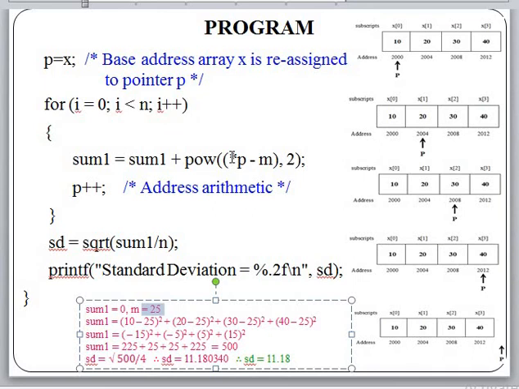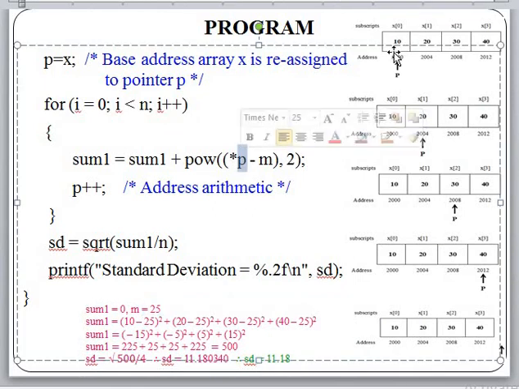So star p points to the first value, then the next value, then the third, then the fourth. Every time after pointing, we have to subtract the mean from those values and square them. So this is xi minus m whole square. This is the base and this is the square.